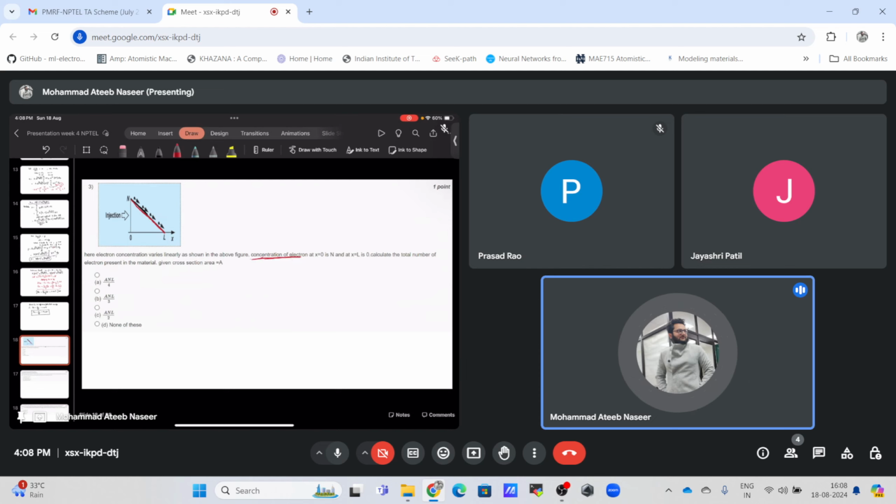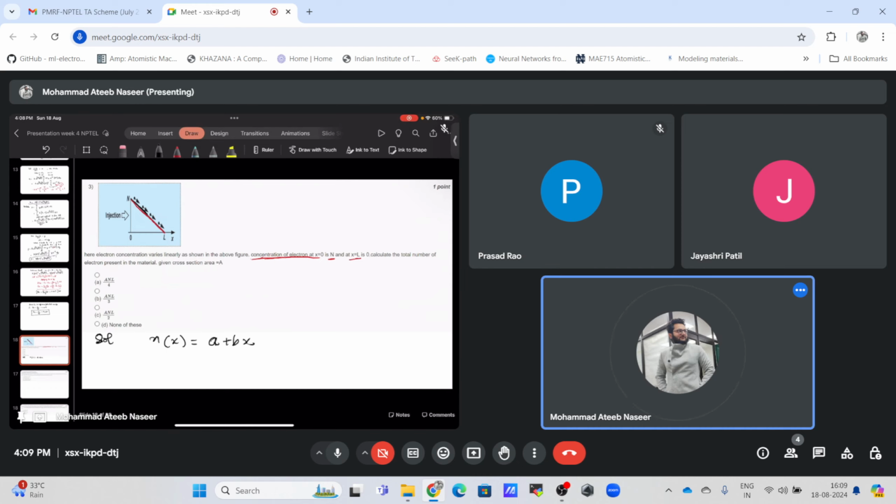Given that the concentration of electrons at x equal to 0 is n, and at x equal to L the concentration is 0. So we have to calculate the total number of electrons present in the material given the cross section A. So let us find out n of x, which is simply the linear equation a plus bx.